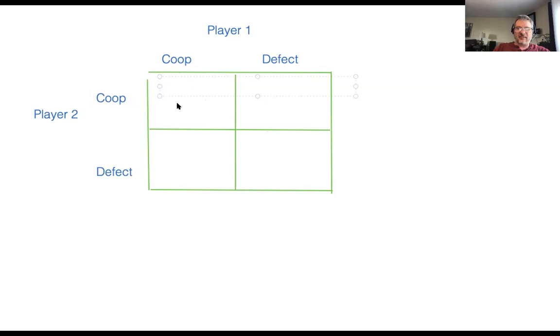So we'll just say maybe it's like 100 million for player one and 100 million for player two. So I'm letting the payoff for player one be the number up there, and the payoff for player two be the number here.